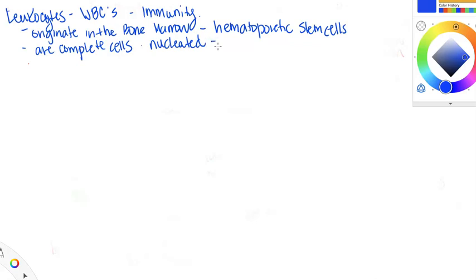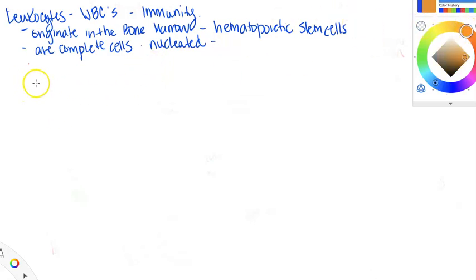But they don't divide. They are made in the bone marrow, just like the red blood cells. And mostly because these are immune system cells, they're going to be doing things like eating bacteria and stuff like that, so you really don't want those kind of cells dividing and becoming more after they've been doing those things.